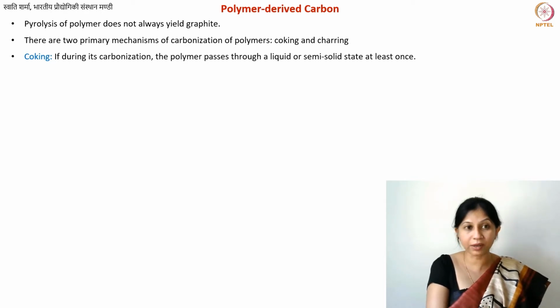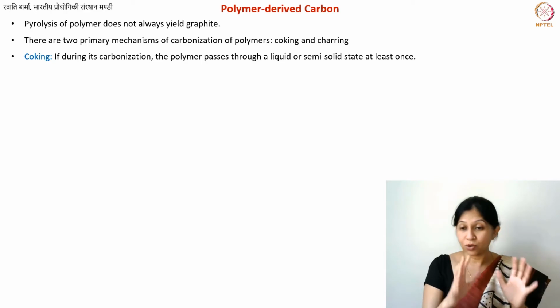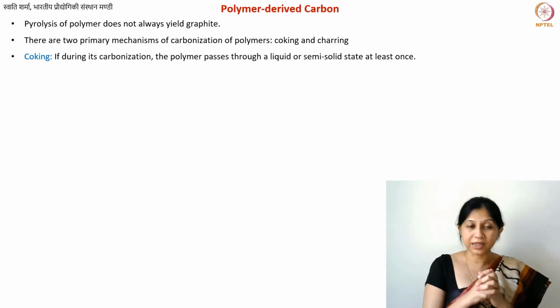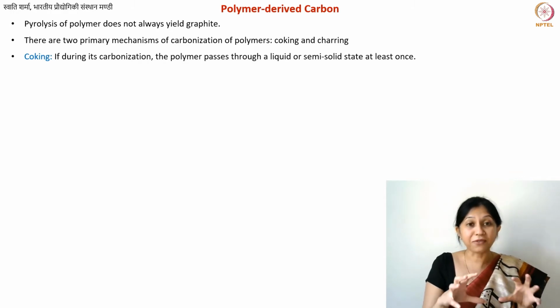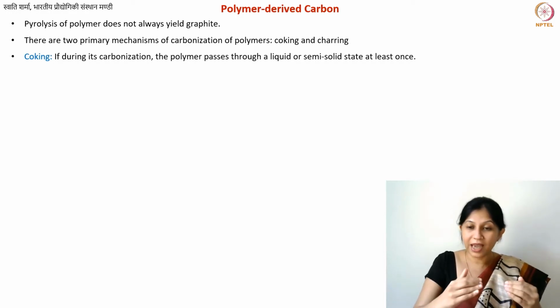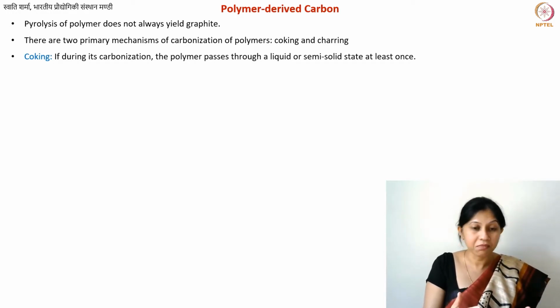And what is this coking mechanism? Your carbons are made from organic materials, and especially in the case of polymers, because now we are talking about solid materials, after complete degradation, which typically would happen at 300, 400 degrees or even before that in some cases, if this polymer undergoes a semi-solid or liquid-like phase, so if it softens, in that case, how will the carbon be?